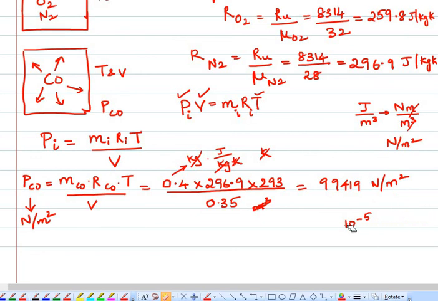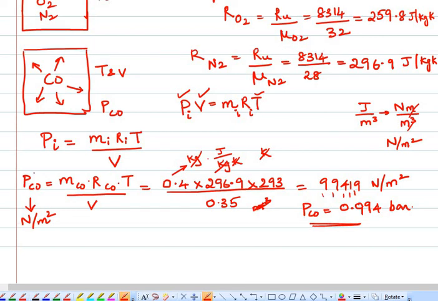So to convert this Newton per meter square into bar, I have to divide by 10 power 5. So this will be giving you the partial pressure of carbon monoxide as 0.994 bar.